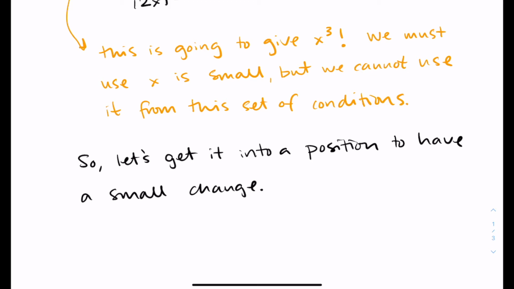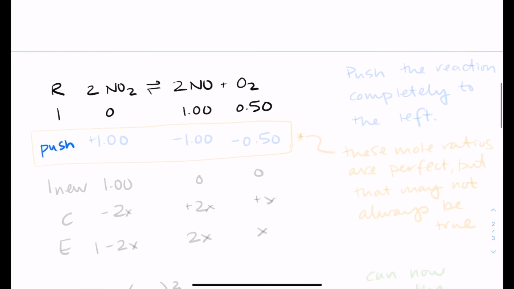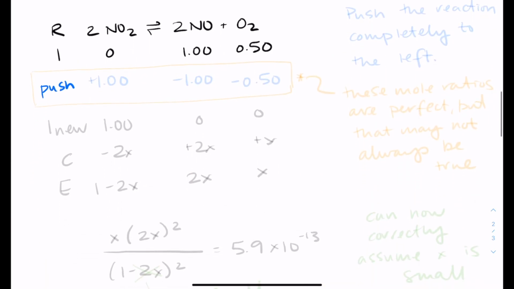So I've restarted my table with my initial row. So I am going to choose to push this reaction completely to the left. This is going to be if 100% of my products reacted to form the reactants, where would my reaction be?